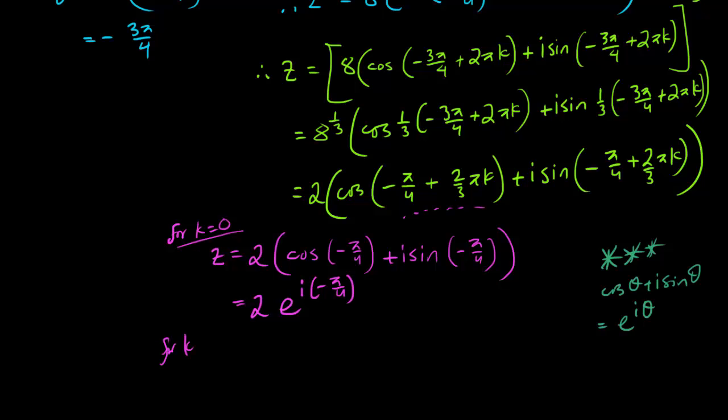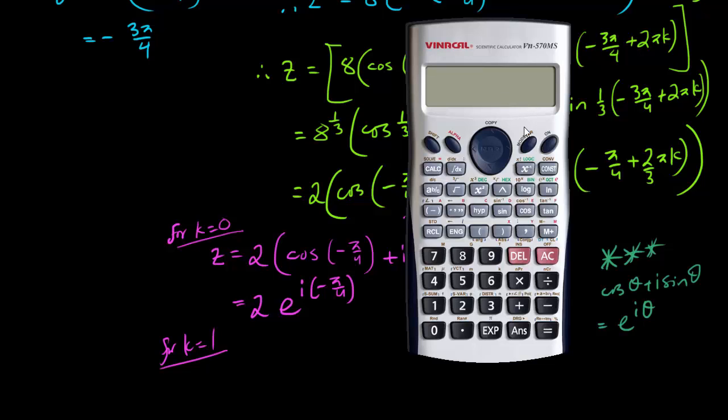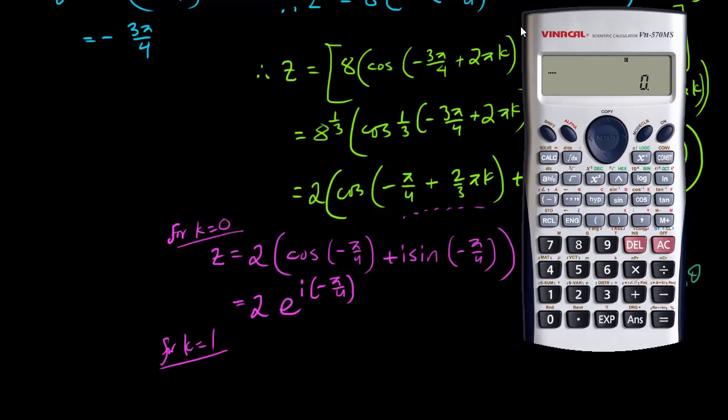Next, for k equals to 1, let's see whether it works or not. If we put here k equals to 1, it becomes minus pi by 4 plus 2 by 3 pi. So let's use the calculator. Minus 1 by 4, we don't have to write the pi, and plus 2 by 3, and this turns out to be 5 by 12.